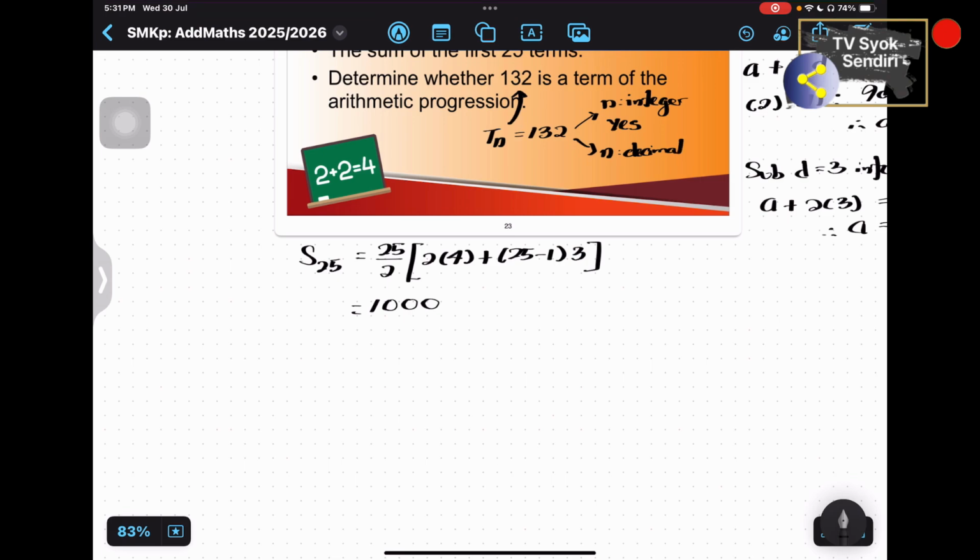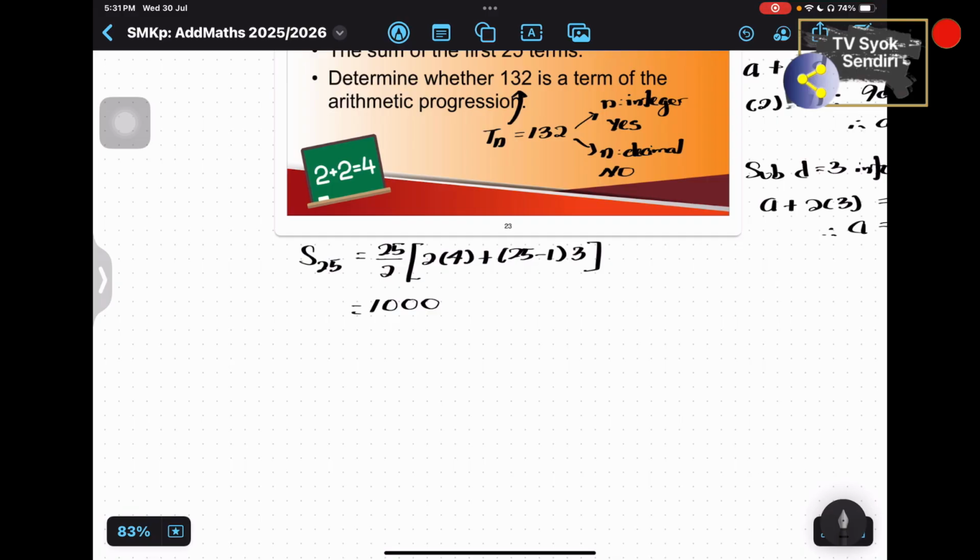If your n is a decimal, then your answer is no, it's not a term of the arithmetic progression. So this is how we're going to solve this particular question.